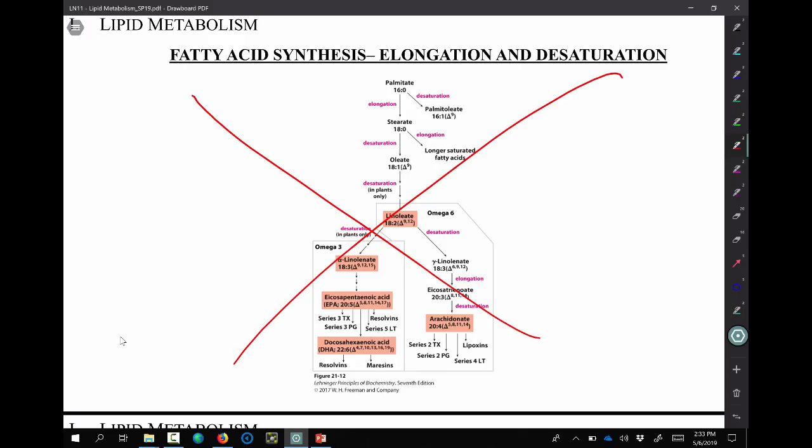Does it always make palmitate, the 16-carbon saturated fatty acid, or is that just the one that we're talking about? It always will make the 16-carbon. That was kind of the question that was asked earlier. It's my understanding that it always makes the 16-carbon.